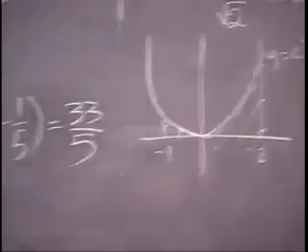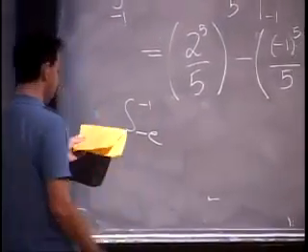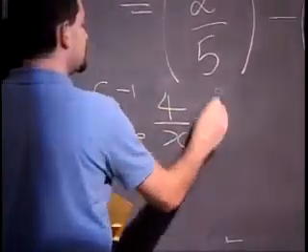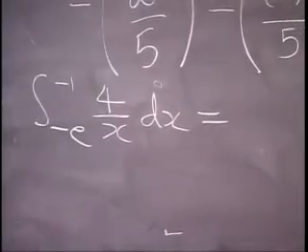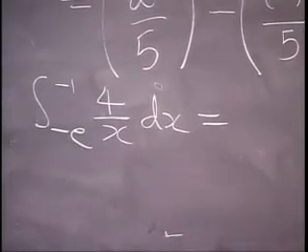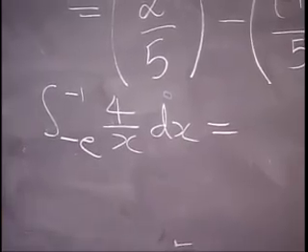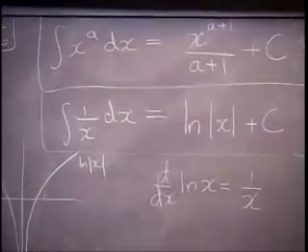All right. How about this one? The integral from minus e to minus 1 of 4 over x dx. Well, we know the integral of 1 over x. That was also on the top part of the board. Maybe we can just look at it for 1 second. It's the second line there. It's just log of absolute value of x plus constant.